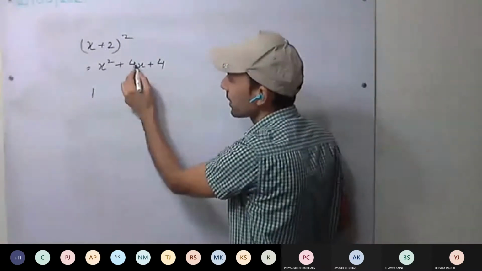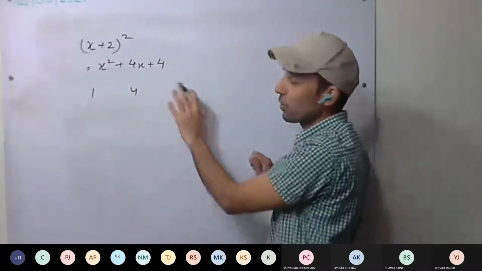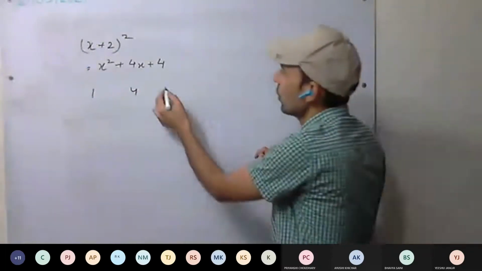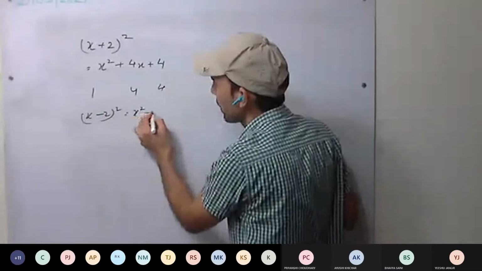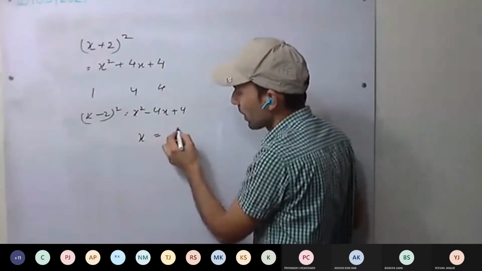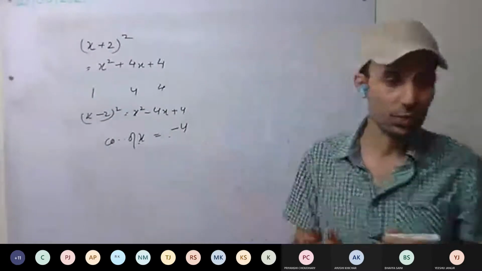Coefficient of 4x? 4. Only the coefficient. That is the constant term, it is 4. If it is x minus 2 the whole square, x square minus 4x plus 4. What is the coefficient of x? Minus 4. Understood this question?